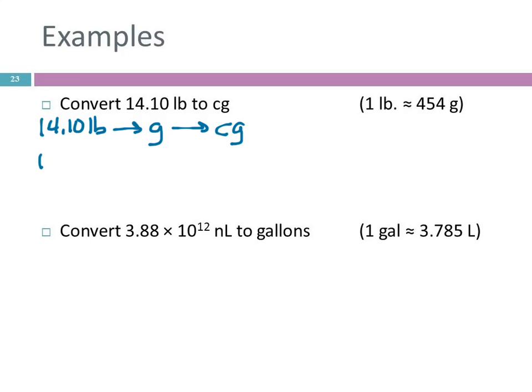Now we can write our equation, 14.10 pounds. We have 2 factors because there are 2 arrows. So pounds to grams to centigrams.